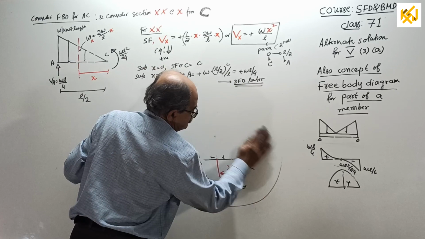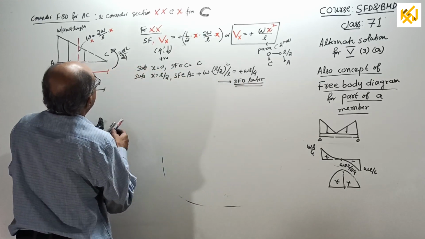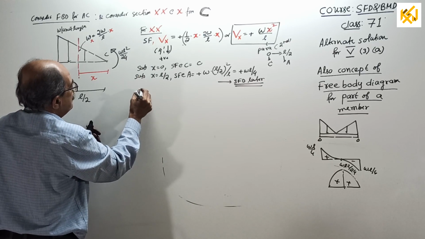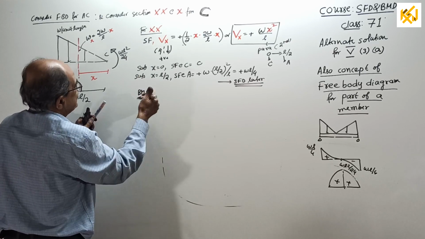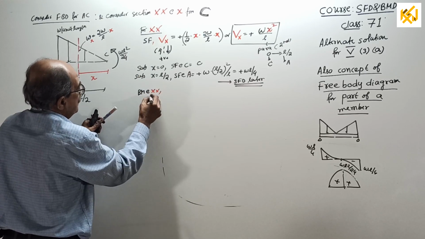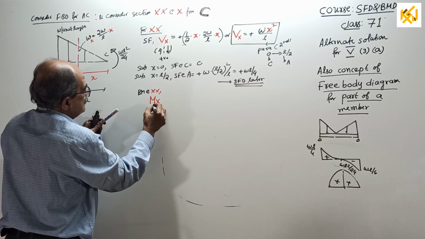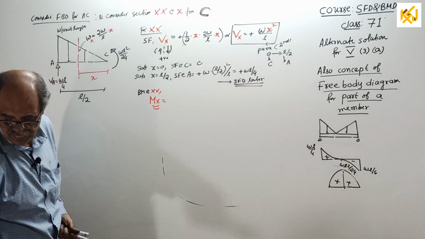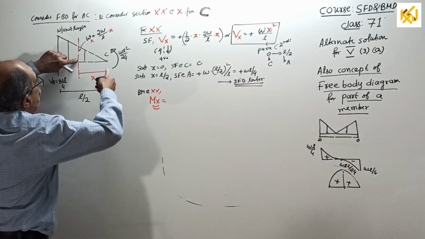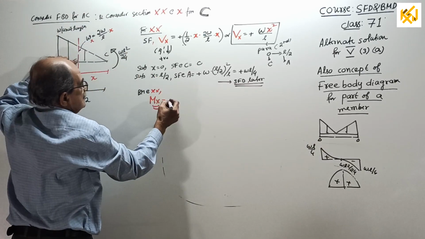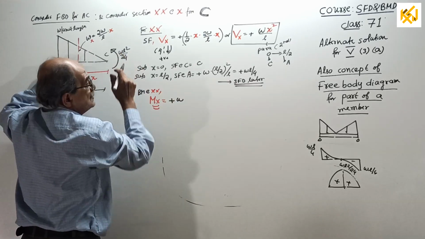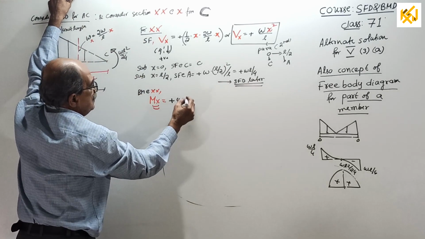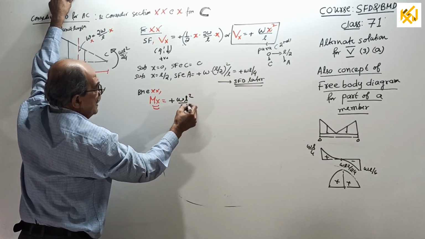Okay, already over. Now, next, for the same section XX, I'll put BM once again at XX, that is MX, sagging positive, equal to, see here, BM plus WL square by 24, I don't know how many times I told, that's all.